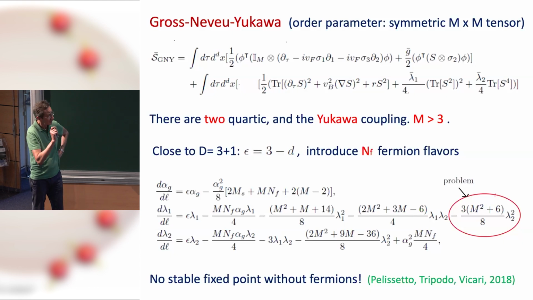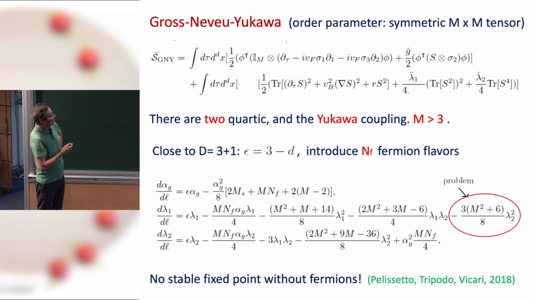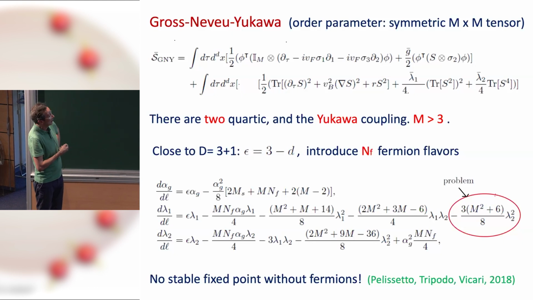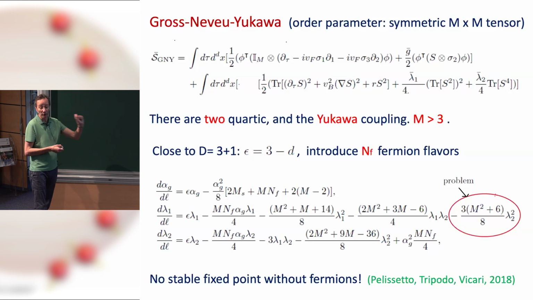In other words, if you look at just the beta functions for lambda 1 and lambda 2, forget about the rest, which involves alpha, which is basically related to G, what you find is that there is a feedback mechanism in these beta functions: the single trace coupling, lambda 2, generates the term lambda 1 and essentially pushes it toward negative values, which ultimately makes the theory unstable.